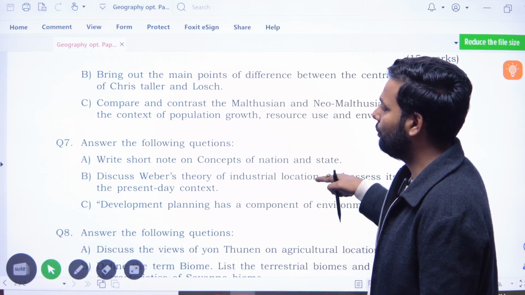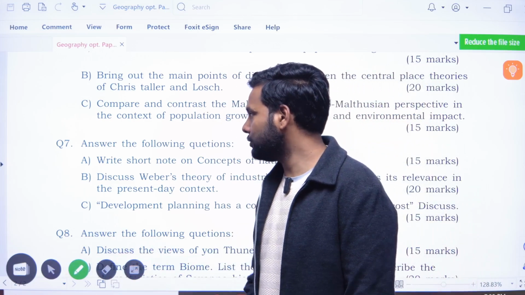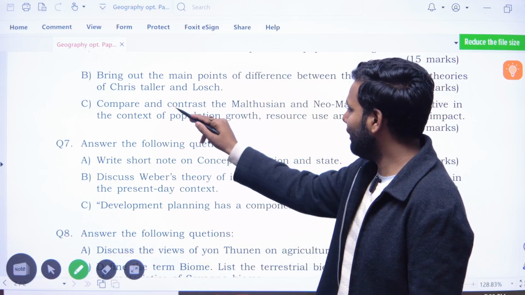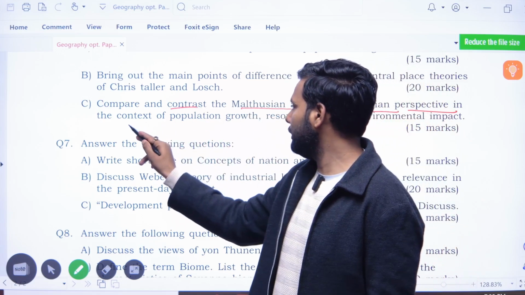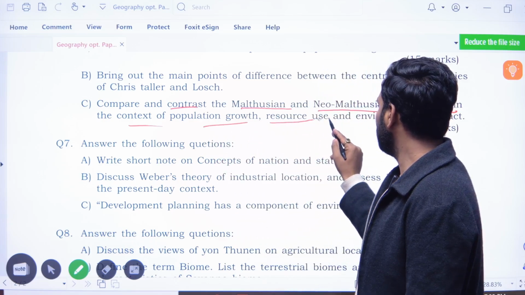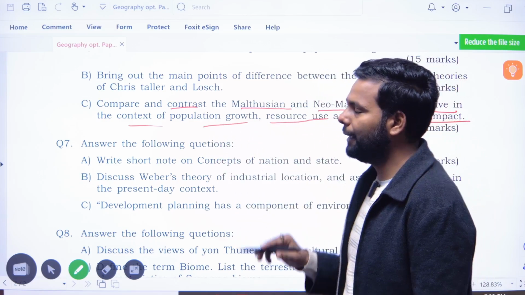Okay, now in the next question, compare and contrast the Malthusian and neo-Malthusian perspective in context of population growth, resource use, and environmental impact.